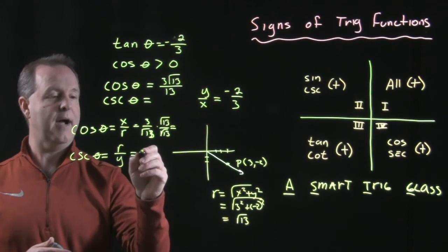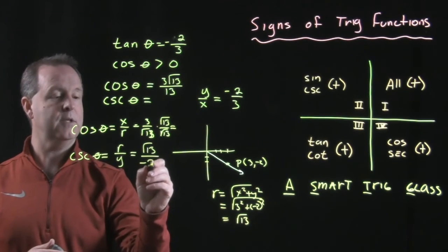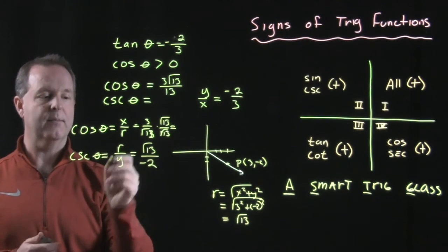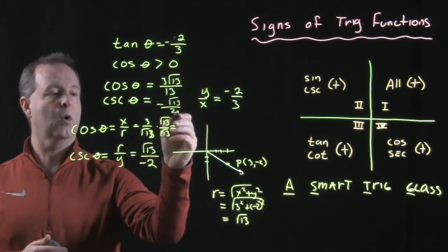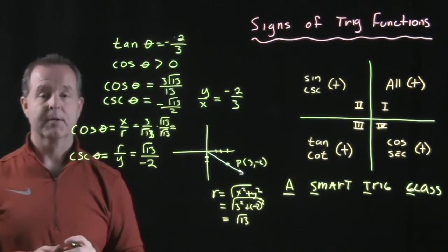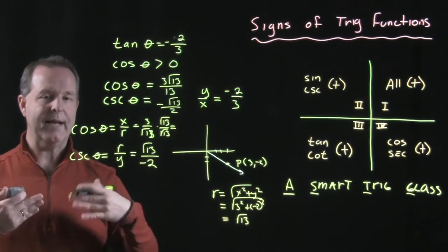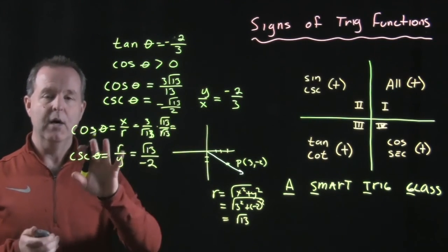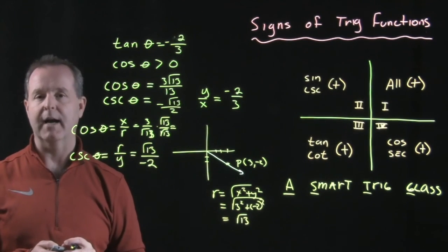My radius is defined as root 13. My y is a negative 2. And then we can rewrite that as negative root 13 over 2. So based on understanding a little bit of the location of our angle, we were able to help identify what the trigonometric functions were of a couple of other trig functions.